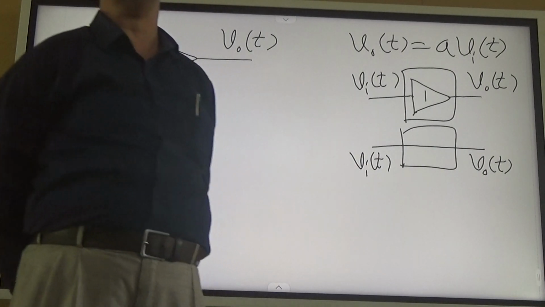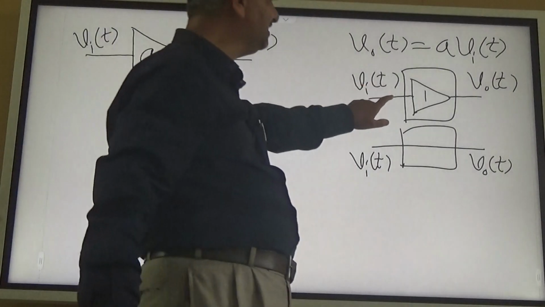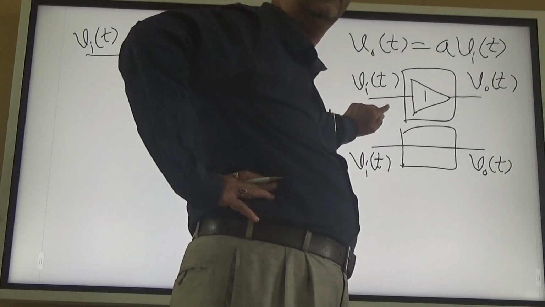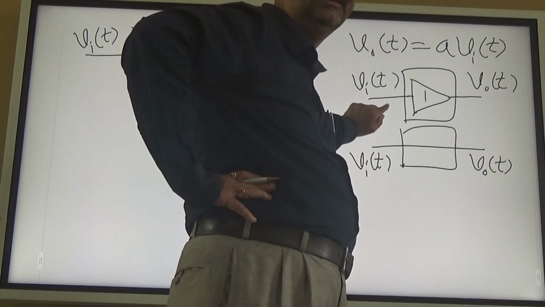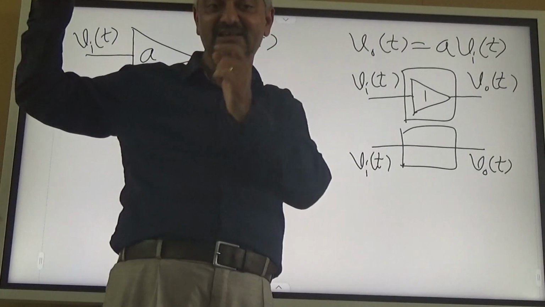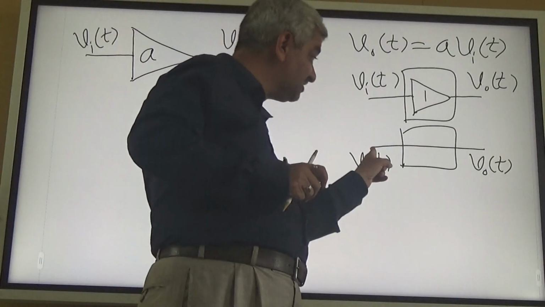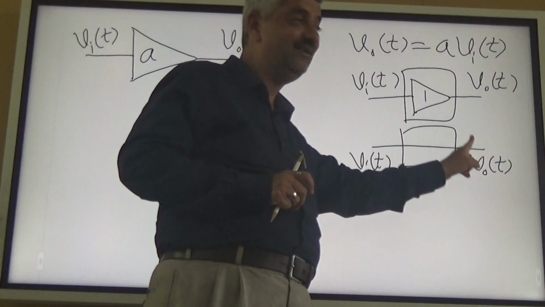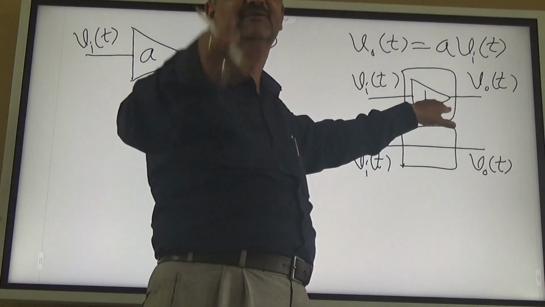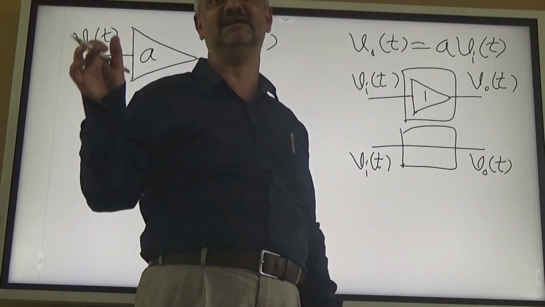There is a major difference. This amplifier input terminal draws no current. It observes that voltage and transfers the voltage as it is, generating it here from the supply available to it. So loading doesn't take place.